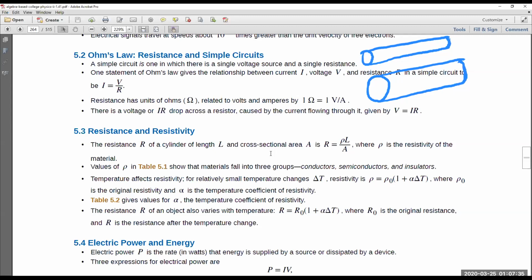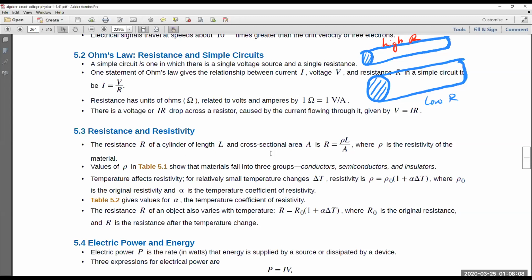Okay, so the ease or the difficulty with which water flows through the pipes could be compared to the resistance in a wire. So basically what we say here is a wire that has a larger cross-sectional area will have a low resistance, and one with a smaller cross-sectional area will have a high resistance.